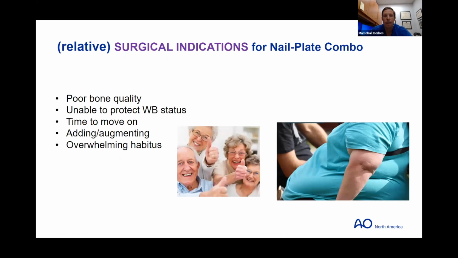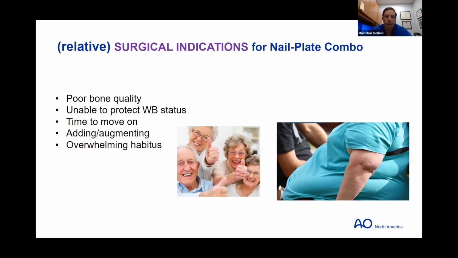And so for me, when would I do such a thing, combining a nail with a plate to treat a distal femur fracture? I think pretty obviously, if the bone quality is bad and they can't protect their weight bearing status, vis-a-vis a geriatric distal femur fracture, that's a real good indication.